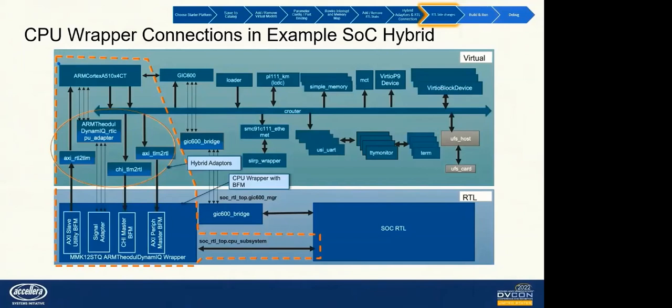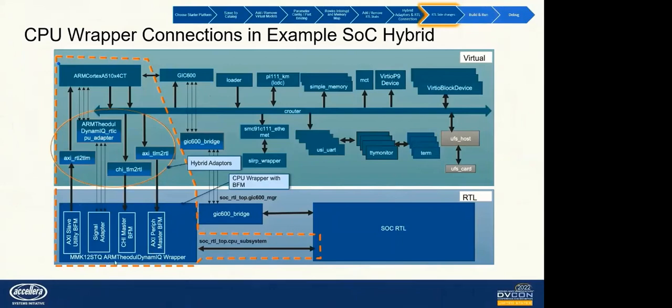Now let me talk about the diagram I'm showing you right now. The green part is the virtual part of the hybrid platform, and the blue part is the RTL side of the hybrid platform, wherein we have replaced the existing CPU IP with the CPU wrapper, which is provided as a part of the Helium install.